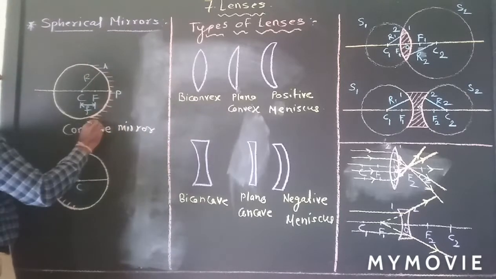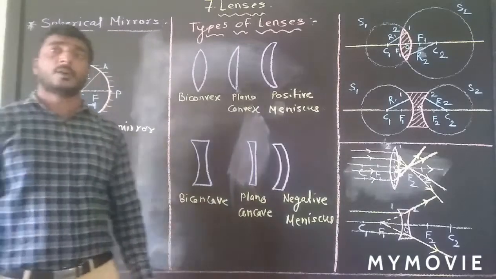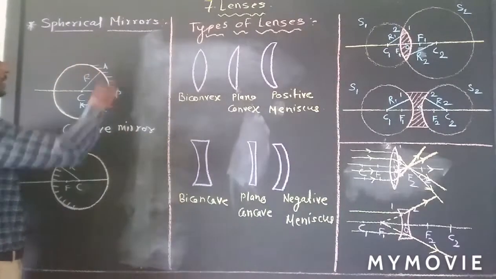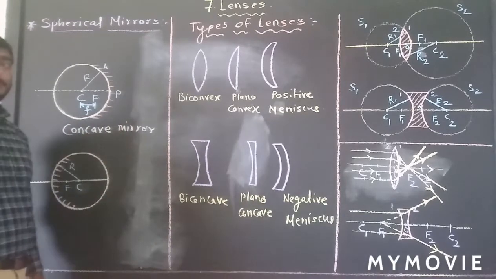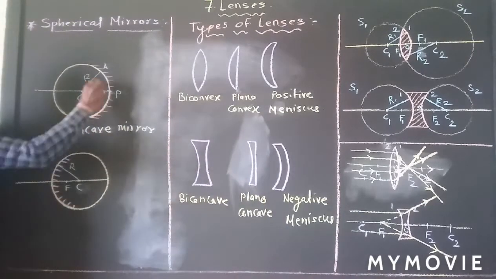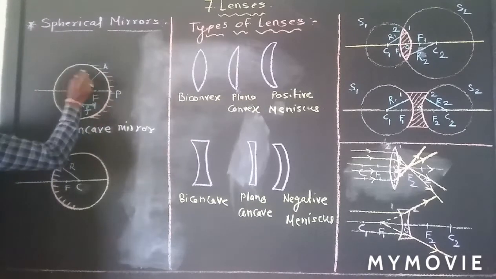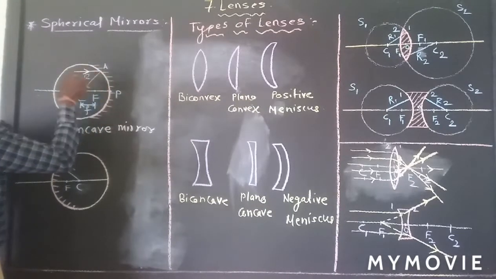Its outer part is given a layer of thin silver paint and is coated with red paint to protect that silver layer. You can see this inner portion is a reflecting surface.